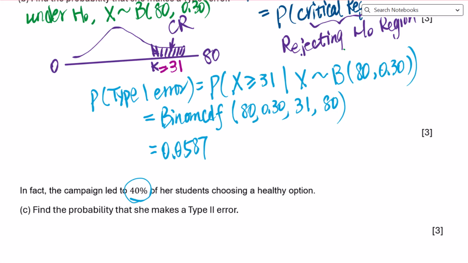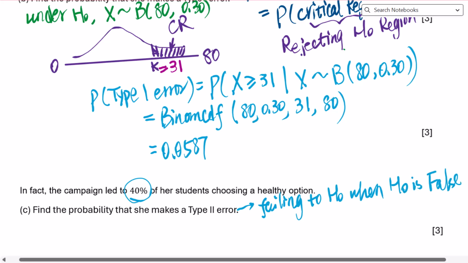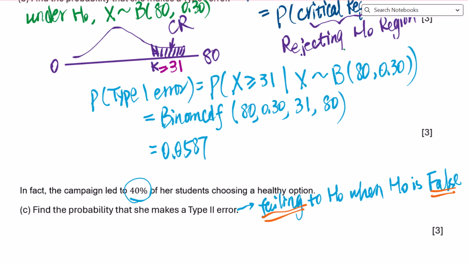In fact, the campaign led to 40% of her students choosing a healthy option. Part C. Find the probability that she makes a type 2 error. Type 2 error means failing to reject H0 when H0 is false. Use this word false to remember type 2 error.